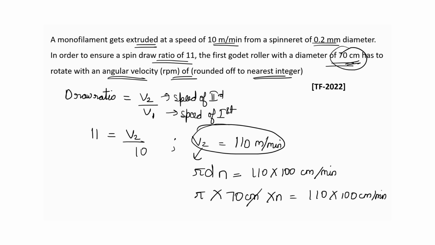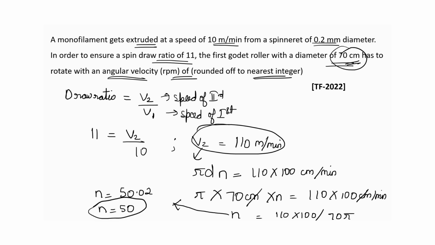So centimeter to centimeter got cancelled, and if we solve, n is 110 into 100 upon 70 pi, which comes out to be 50.02. Since we have to write it in integers, the nearest integer is 50. Then the answer for this question is n is 50. This is the correct answer. Now coming to the next question.